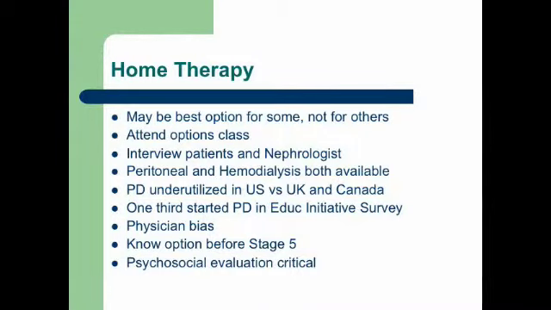After attending the options class, interviewing the patient and the nephrologist, the commonest type of home therapy is so-called peritoneal dialysis. And the peritoneum is the lining membrane inside the abdomen, which surrounds the intestine and simply acts like a semi-permeable membrane across which the toxins can diffuse and are easily accessible to drain outside of the body.